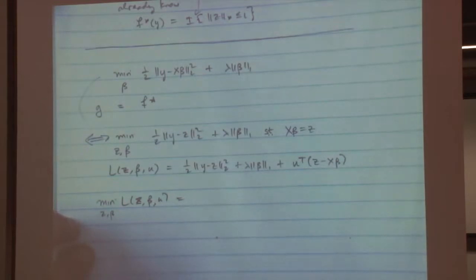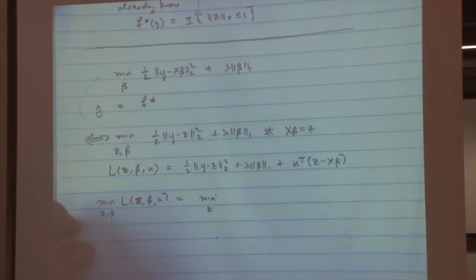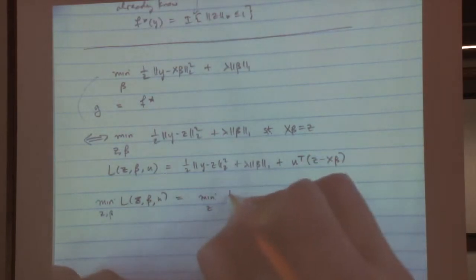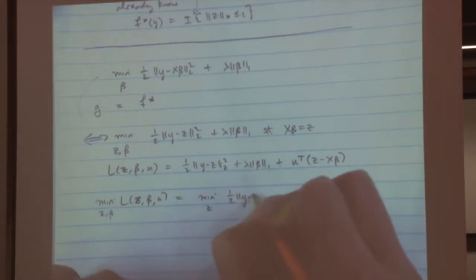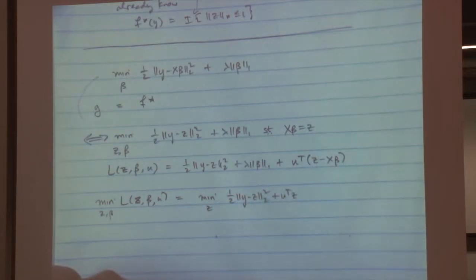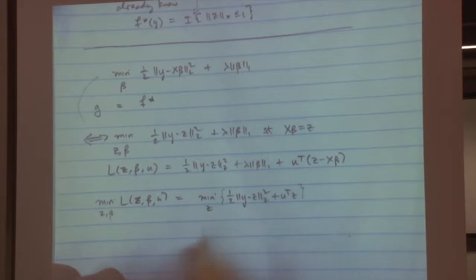Let's break that up into a minimum over all z plus a minimum over all beta. We'll see we can actually do that. So what are all the terms involving z here? It's just this one and this one. It's a quadratic. We can do that one, no problem. We'll come back to that.